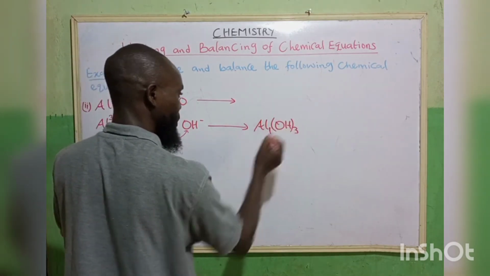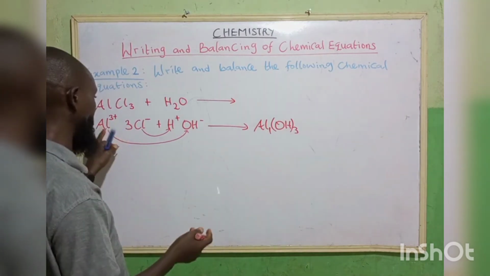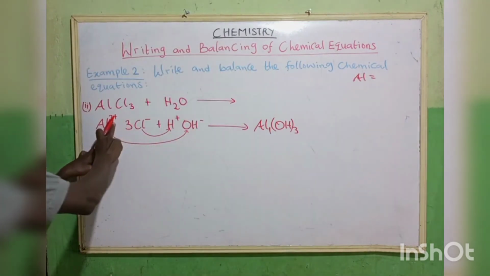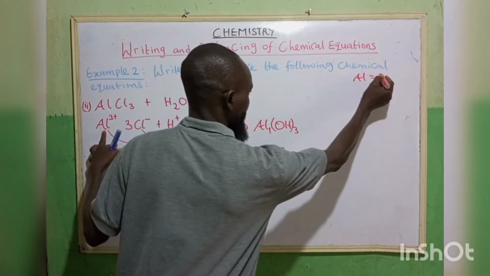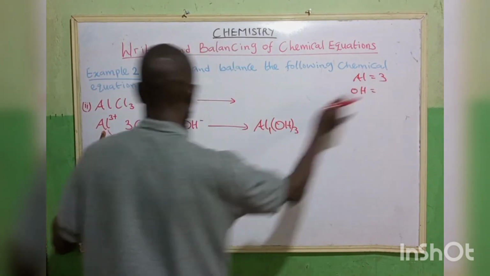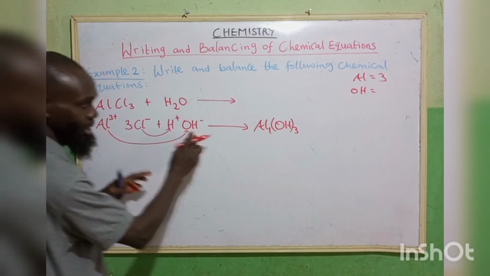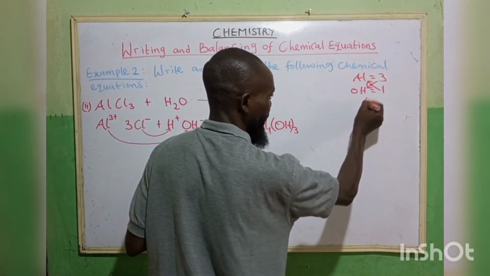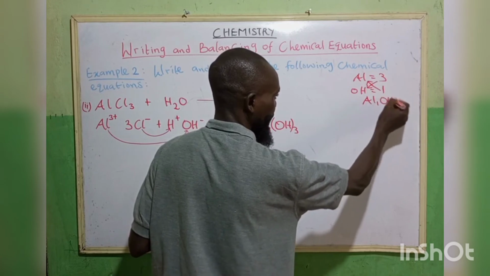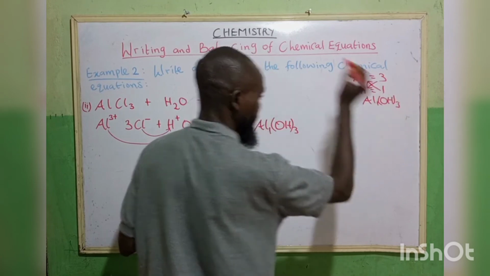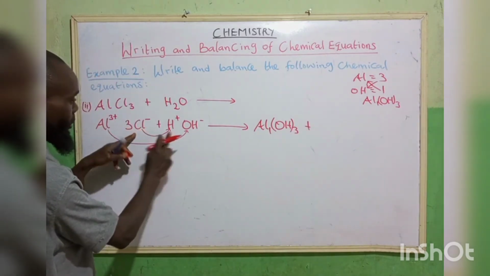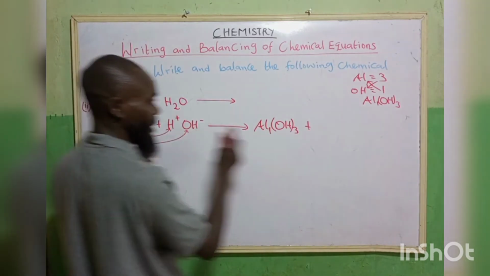So open and close brackets. Don't forget what we used to do. Al, it's having 3. Then OH is having minus 1, that is 1. Cross multiply. So we have Al1, OH3. So you have to open back and close it here. Now, secondly, chlorine wants to meet with hydrogen.